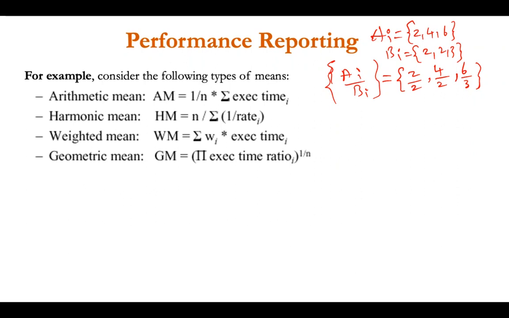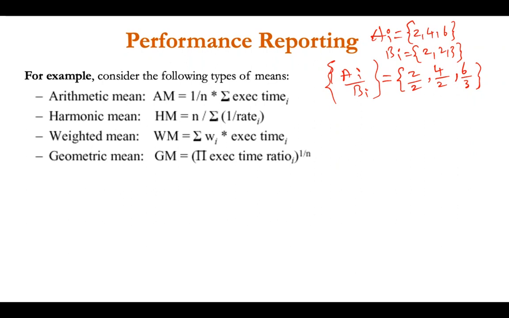These average rates can be computed with the practical interest of arithmetic mean, harmonic mean, weighted mean and geometric mean. But as said, the normalized results are not easily understood or accurately compared with the arithmetic mean, because the mean of the ratio between two series of measurements like the AI series and BI series is not the same as the ratio of the series means. So that is what we observe.